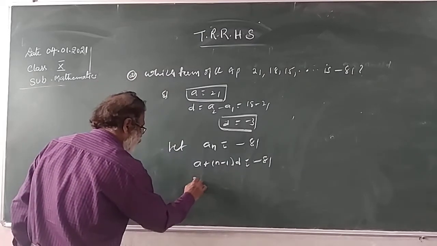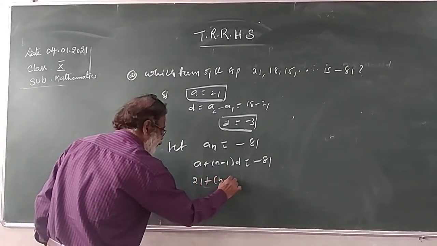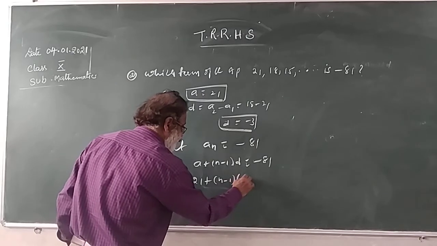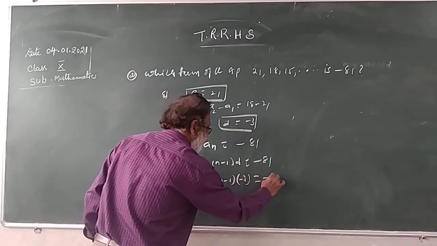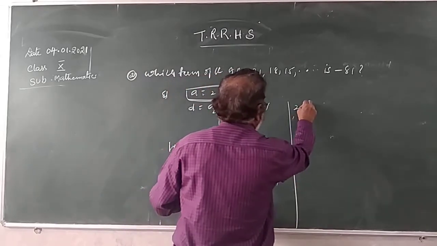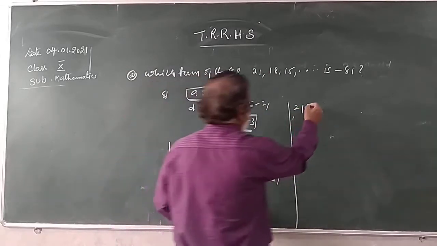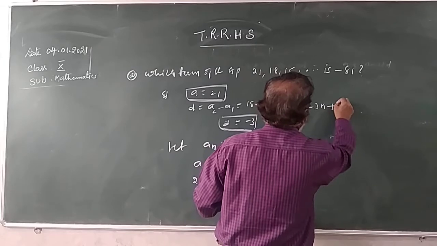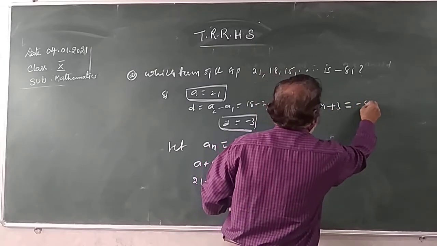What is A? 21. Plus n minus 1 into d. The d value is minus 3, equal to minus 81. So 21 minus 3n plus 3 equal to minus 81.